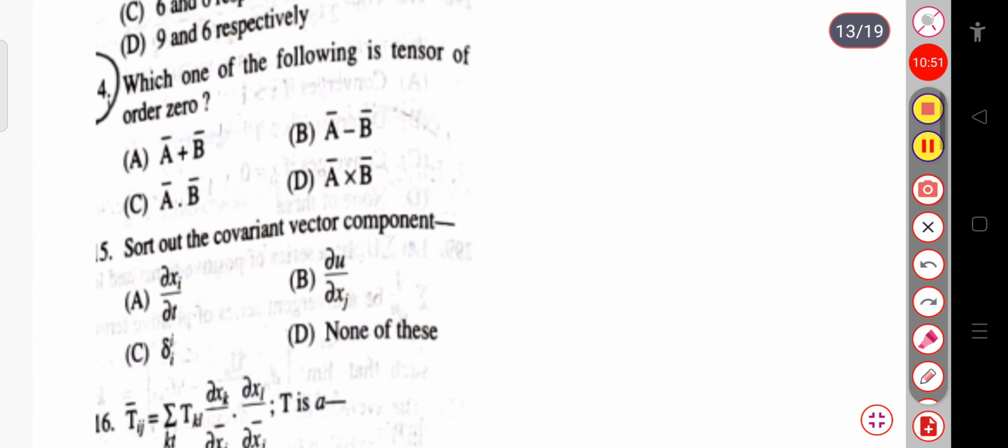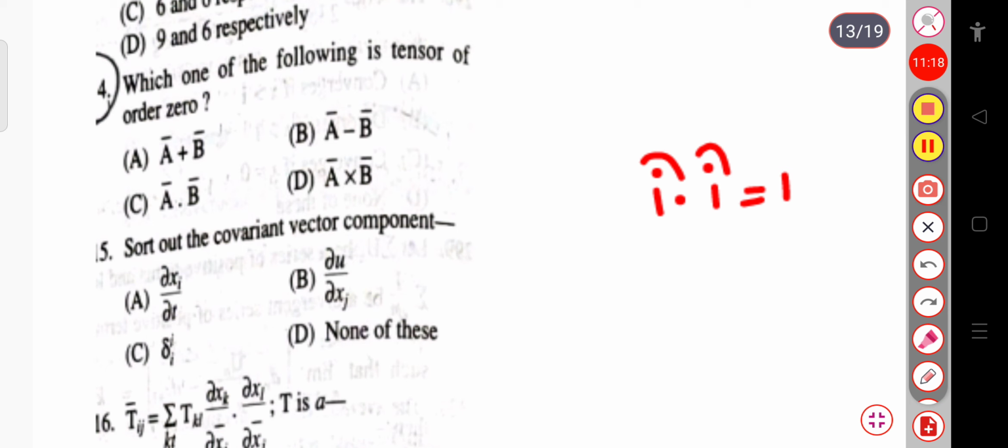Now the next question is, which one of the following is a tensor of order 0? A bar plus B bar, or A bar minus B bar, or A bar dot B bar, or A cross B bar. Okay. So tensor of order 0 means it is a scalar quantity. If we take the dot product of any two, so i dot i will give you 1, or i dot j gives you 0 and so on.